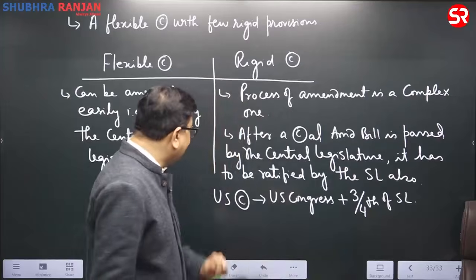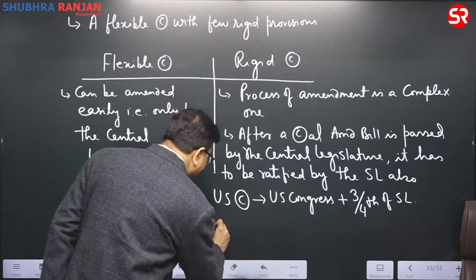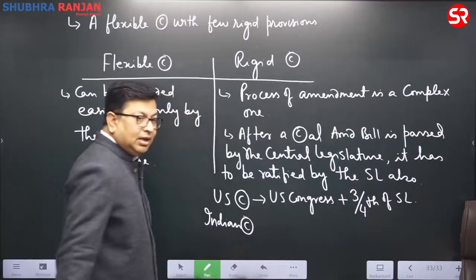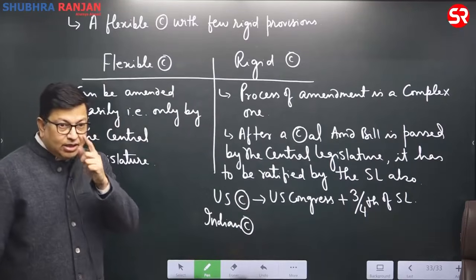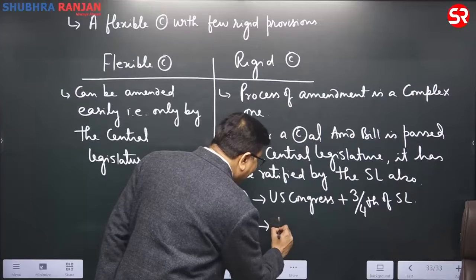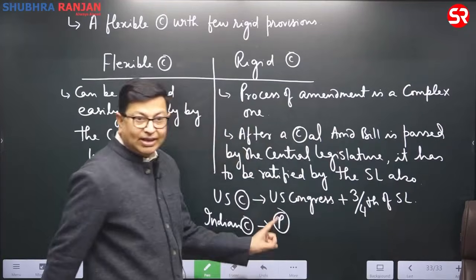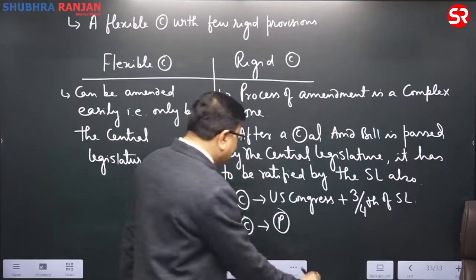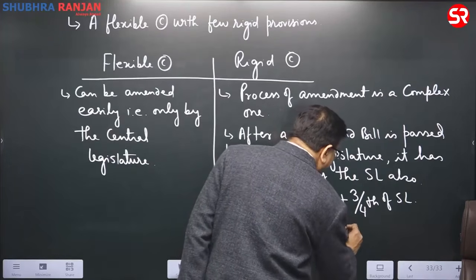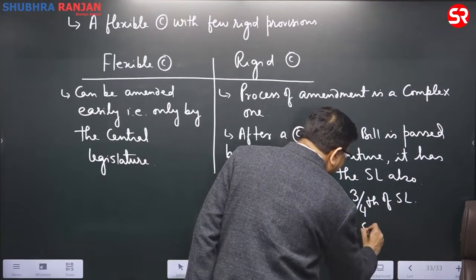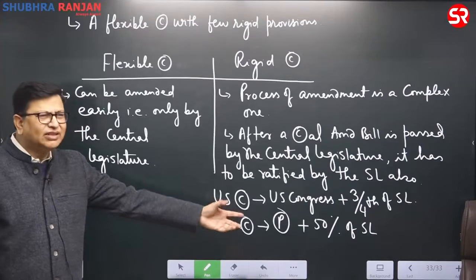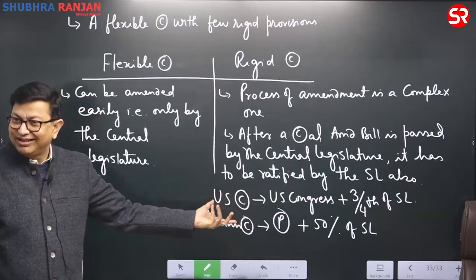Now, when we talk about India, in case of India, some of the provisions, after being passed by the parliament by special majority, need ratification by 50% of state legislatures. Half of the state legislature, 50%.